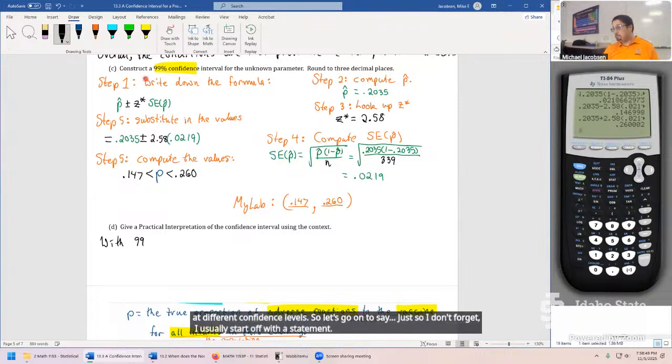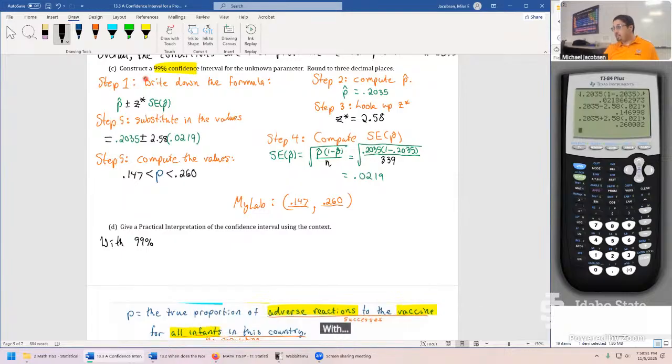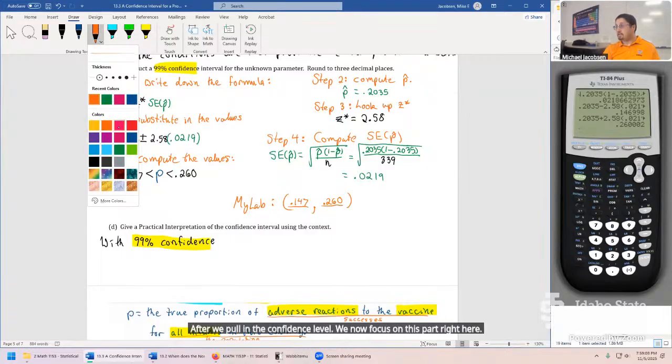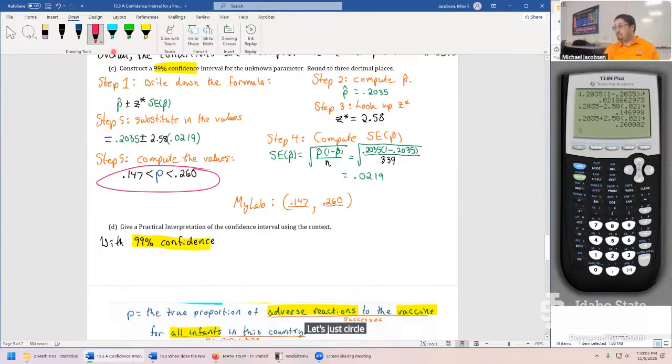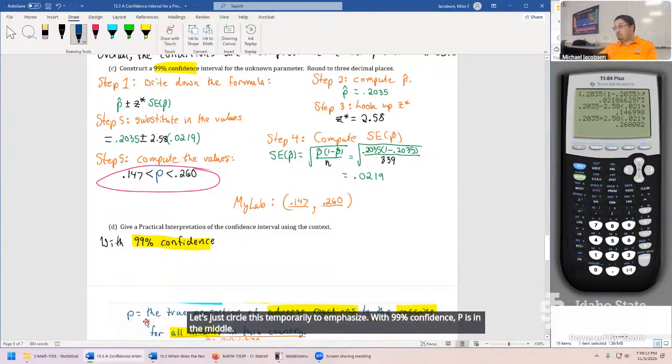With 99% confidence, after we pull in the confidence level, we now focus on this part right here. Let's just circle this temporarily to emphasize. With 99% confidence, P is in the middle, but we have to directly tell people what that was.